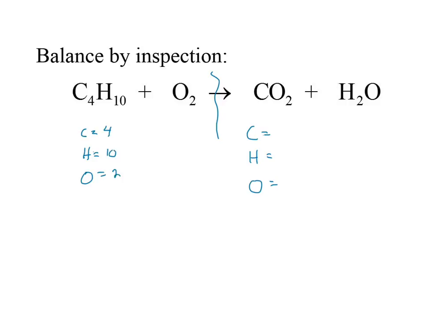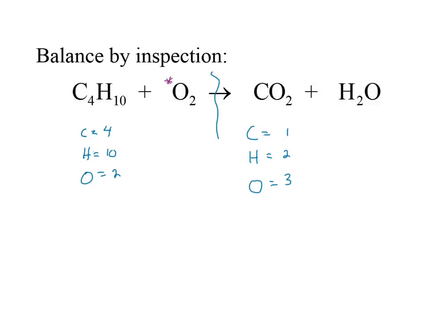On the product side, I have 1 carbon, 2 hydrogens, and how many oxygens? On the product side, I got 3. Very good. So things to keep till last, something in its elemental uncombined form, all I got is oxygen. So I'll keep that till last.